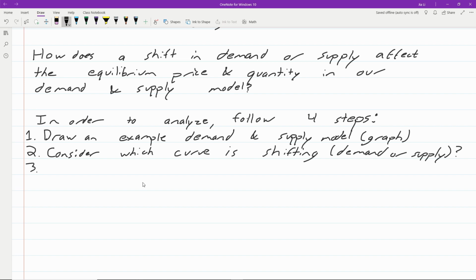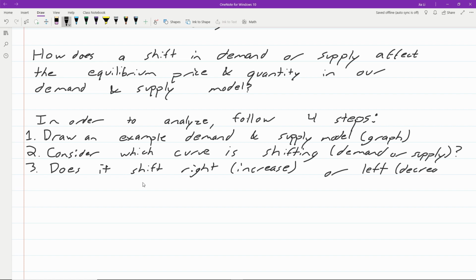Number 3, does it shift right? That is an increase, or left?